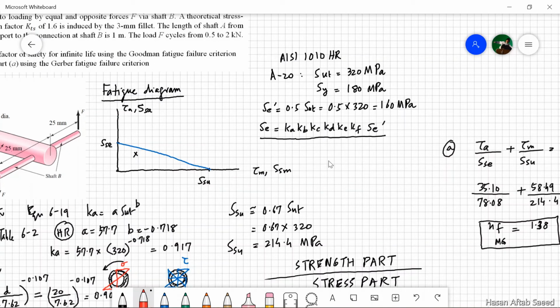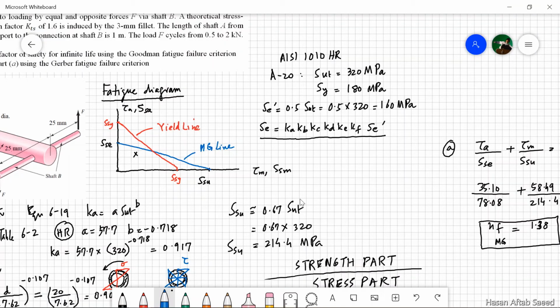There's also an equivalent of the Langer line in this fatigue diagram, and if this is SSY, the yield strength in shear, and this is also SSY, then if you join these two lines together, this is the yield line, or you can say the equivalent of the Langer line. Of course, this is the modified Goodman line.